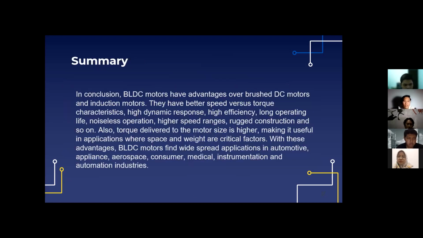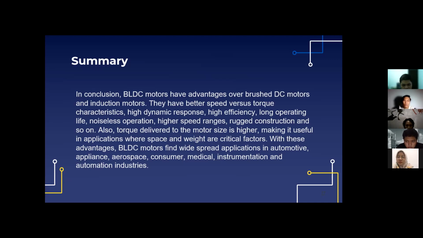Summary. In conclusion, BLDC motors have an advantage over basic DC motors and induction motors. They have better speed versus torque characteristics, high dynamic response, high efficiency, long operating life, noiseless operation, higher speed range, and so on.